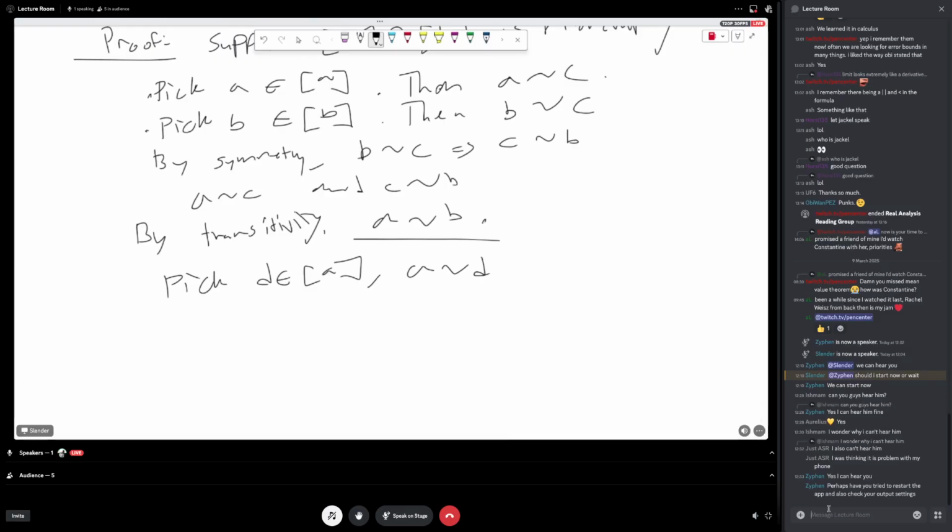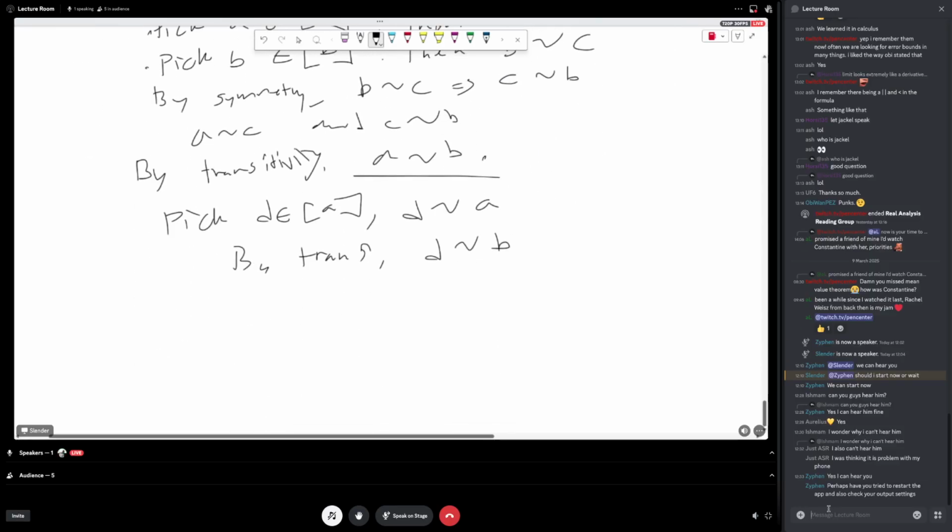Then by transitivity, once again, actually, I mean D is in relation with A. Then by transitivity, again, we have D is in relation with B. So that ends our proof.